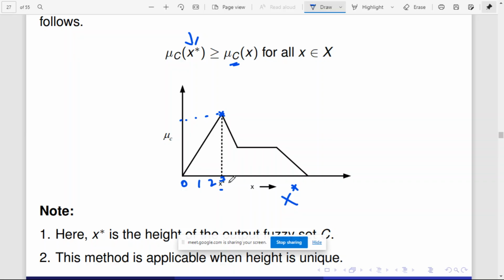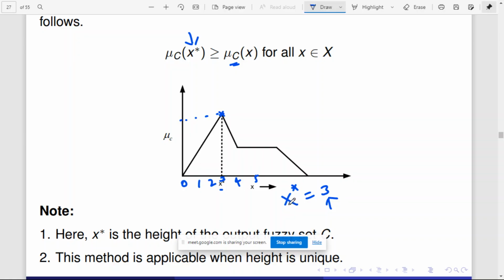If x star is 3 and for that value of x you get the highest membership value, then this 3 will be considered as the defuzzified value. That means anything greater than or equal to 3 we treat as 1, and anything less than 3 we treat as 0, right?